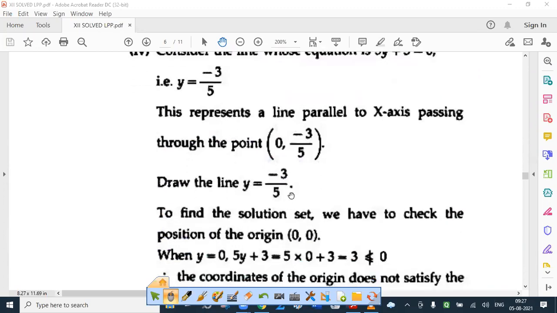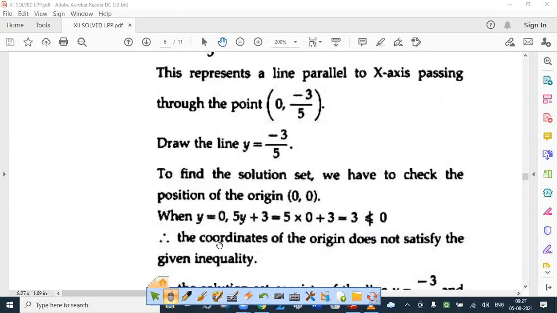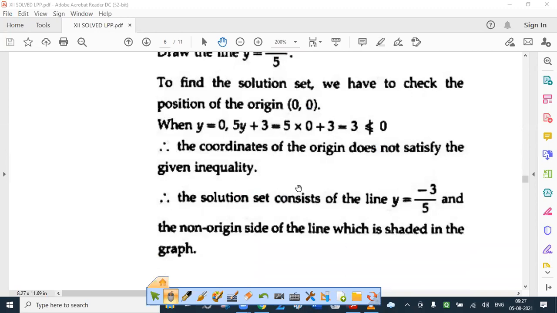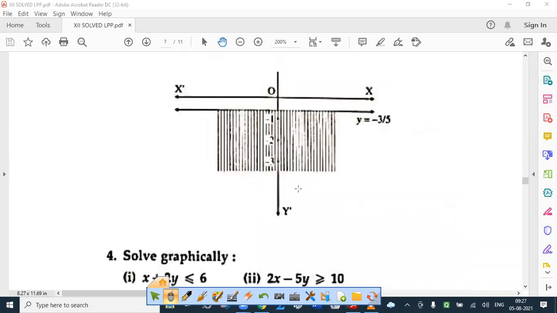See whether coordinates of origin satisfy the inequation or not. Put y equal to 0. So 3, is 3 less than 0? No, 3 is greater than 0. So the coordinates of origin do not satisfy the given inequation. So the solution set consists of line y equal to minus 3 by 5 and the non-origin side of the line which is shaded in the graph.